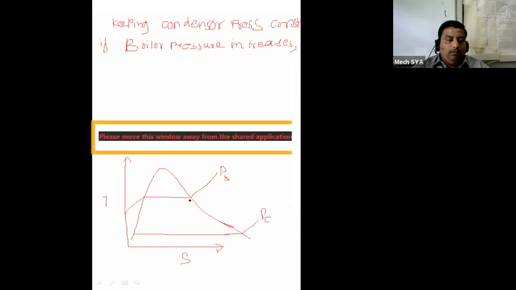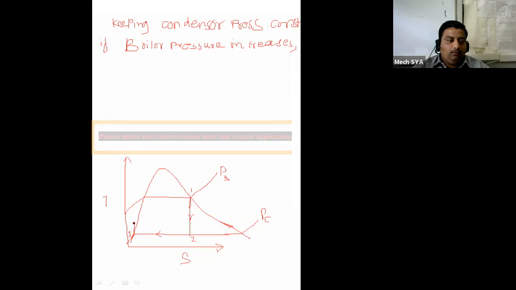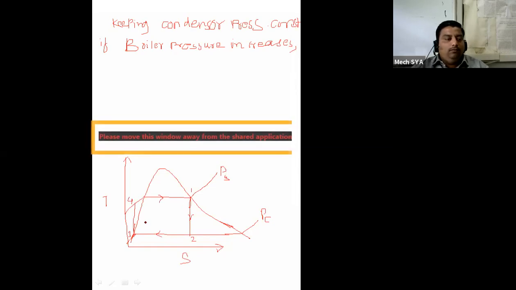Now this is the 1 to 2 process in the turbine, 2 to 3 happens in the condenser, and 3 to 4, and 4 to 1. Now this is 1, 2, 3, 4, 1. So this will be the Rankine cycle polygon area, 1, 2, 3, 4, 1.